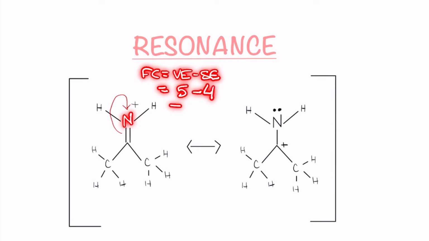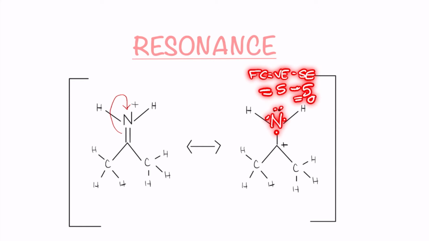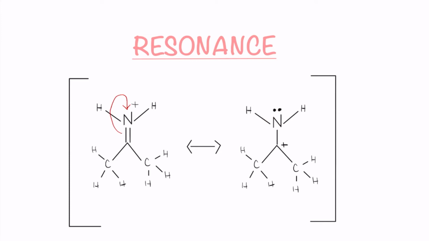So we have 5 minus 4, which makes a total of positive 1. And so that's why this nitrogen here has a positive charge. And if we look to the nitrogen on the right and we calculate its formal charge, it's going to be 5 valence electrons, and surrounding it right now, it's going to be 1 from each bond and 2 from the lone pair, which makes for a total of 5 surrounding electrons. And 5 minus 5 is 0. So that's why that nitrogen becomes neutral.